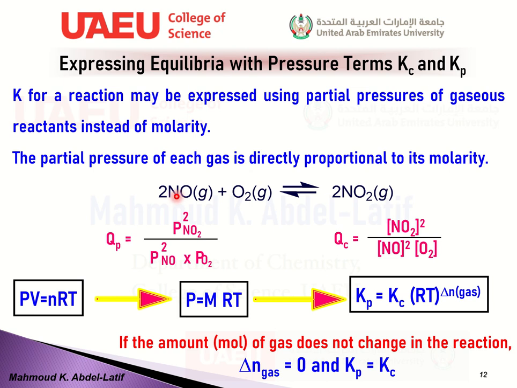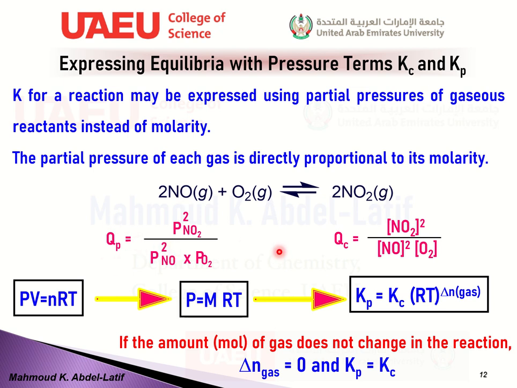You can express the equilibrium constant with pressure or with concentration. With pressure, it will be the partial pressure of nitrogen dioxide to the power of its number of moles divided by the partial pressure of oxygen and the partial pressure of nitrogen monoxide, each to the power of its number of moles.